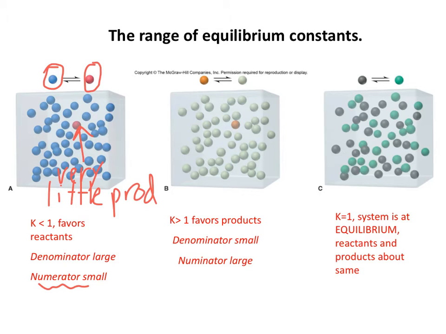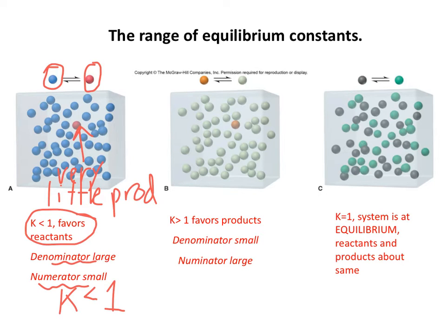The denominator is large. So if we have a small numerator and a large denominator, we know the value of the equilibrium constant is going to be much, much less than 1. So this is an important thing to remember. So K is less than 1 basically means the reaction favors the reactants.